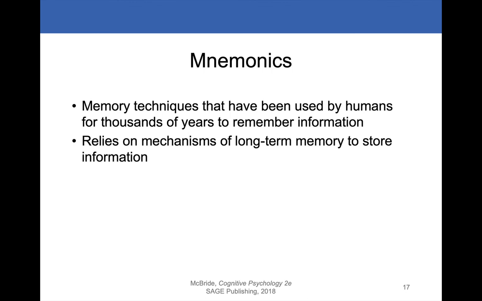The method of loci is a mnemonic technique where you create images in well-known locations involving items that you need to remember. So for example, let's say you have to pick up your prescription from the drugstore, get your dry cleaning, and pick up some beer.